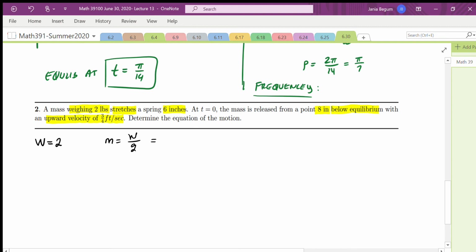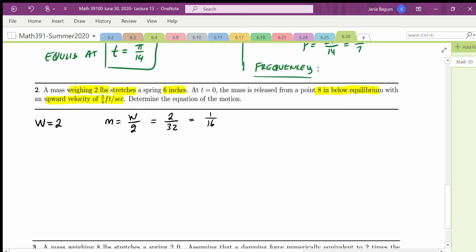So we have 2 over, now for this one, because the units are feet and seconds, we're going to be using 32 for g. So that would be 1 over 16. So that's m. And then we have a stretch after we attach the mass. That happens to be 6 inches. We can't use inches, we have to use feet, so we have to make sure the units are consistent.